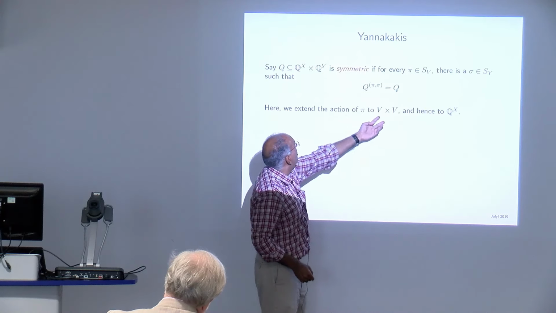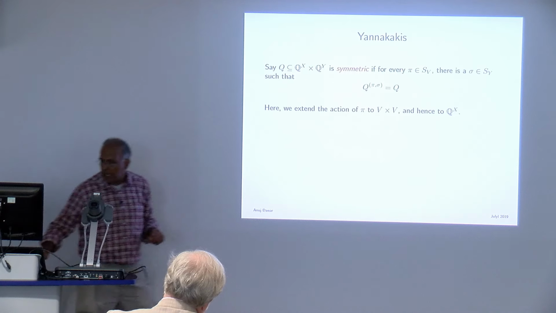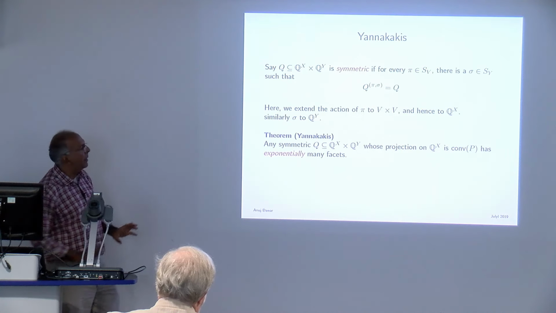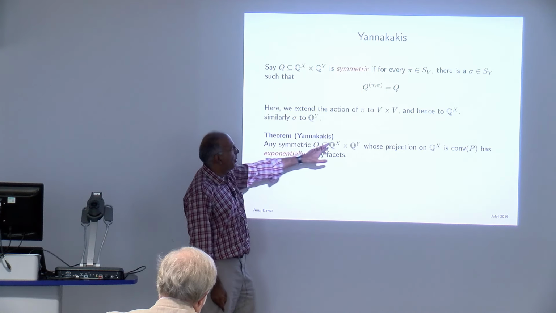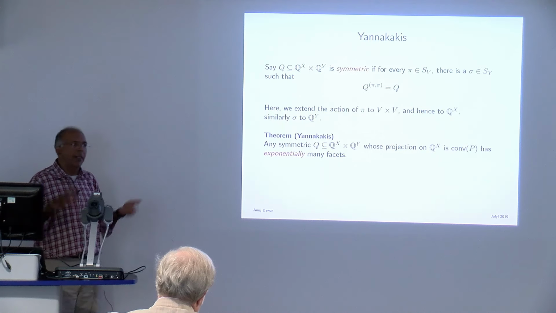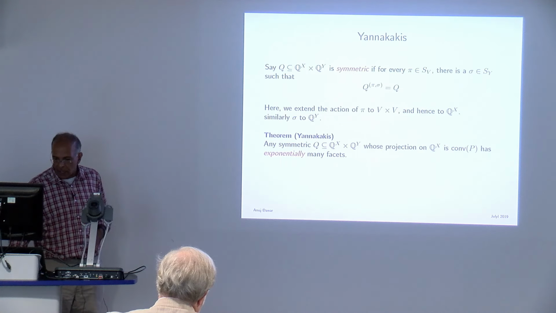You extend that action to v cross v, which is what x is, and from that to Qx. And Yannakakis' theorem is that as long as your polytope satisfies the symmetry condition, and its projection gives you the TSP polytope, then it has exponentially many facets, so you can't get a polynomial size such extended formulation.